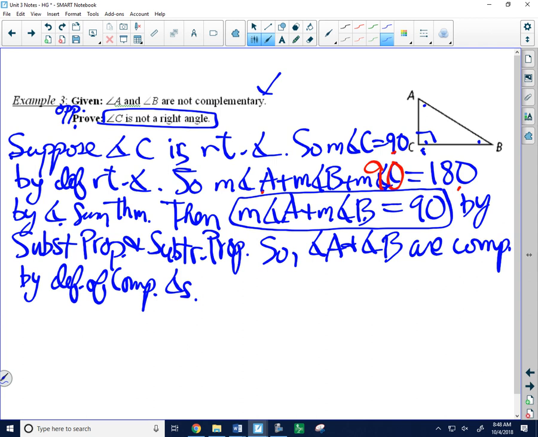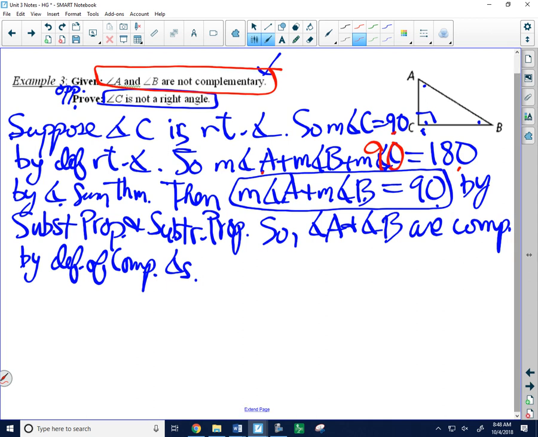Let's see, so A plus B equals 90. We knew that. Well, that means A and B are complementary. That's just what it means if they sum to 90. But the problem is up here, you say, well, we were given, though, that A and B are not complementary. And that's the contradiction.